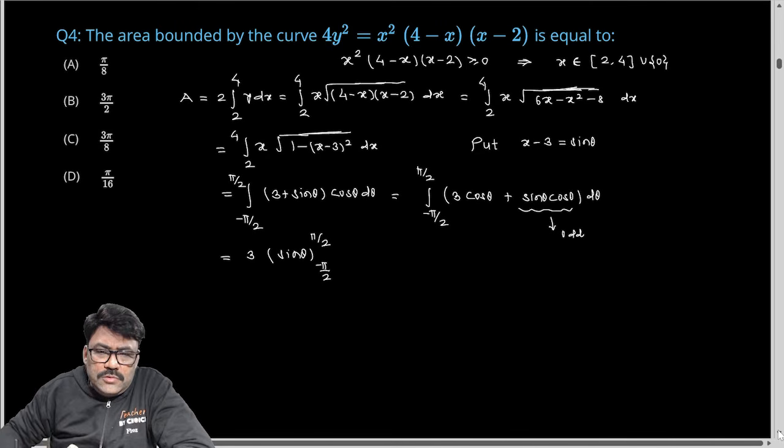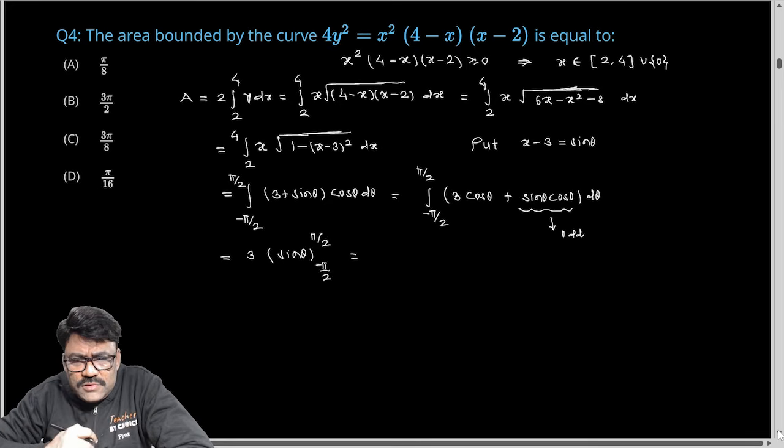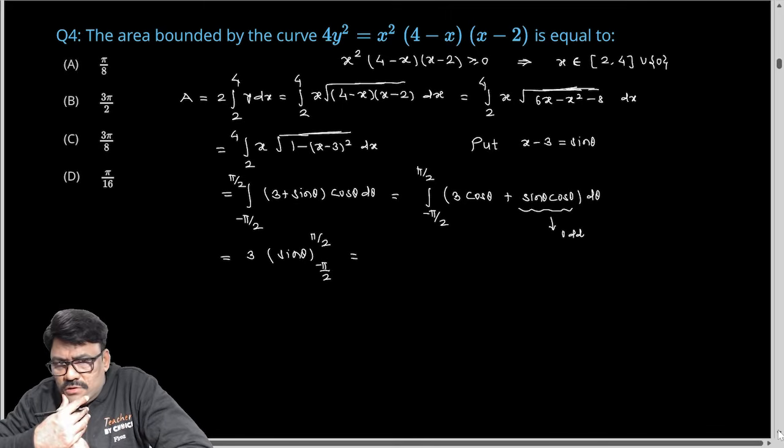Right. So now I'm getting something different. Why? I don't know what mistake I'm doing. 2 to 4. X times under root is correct. X minus 3 is sine theta. So dx will be what?